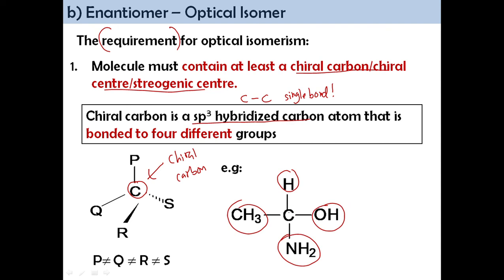Jadi, this carbon is a chiral center, chiral carbon, stereogenic center. Okay, so ada satu simbol yang kita boleh guna untuk represent the chiral carbon, and that symbol is asterisk. Okay, so kita akan lukis macam star lah dekat sini. Okay, so bila awak lukis ini menunjukkan this carbon is a chiral carbon.